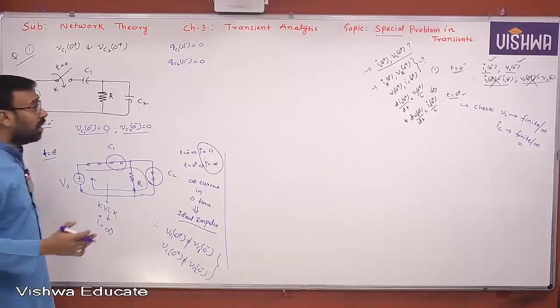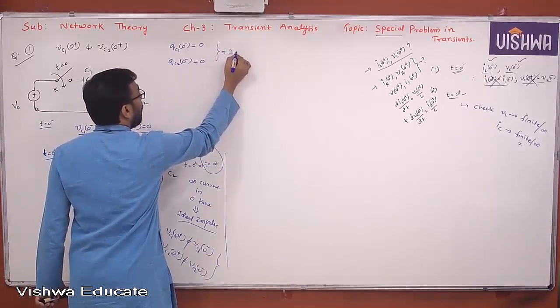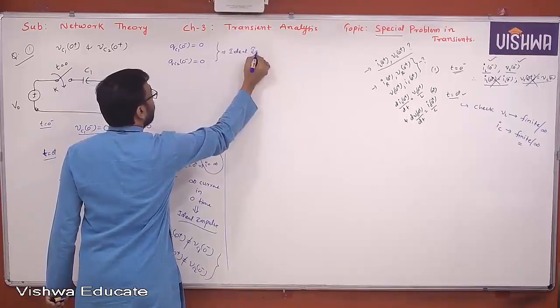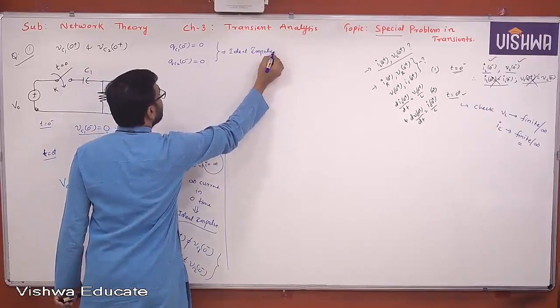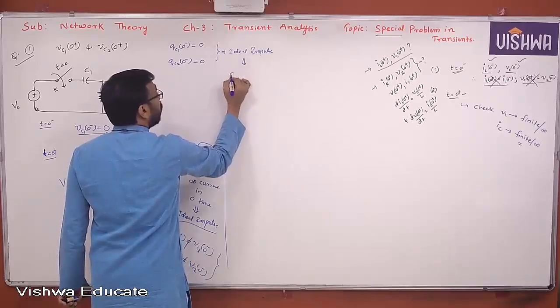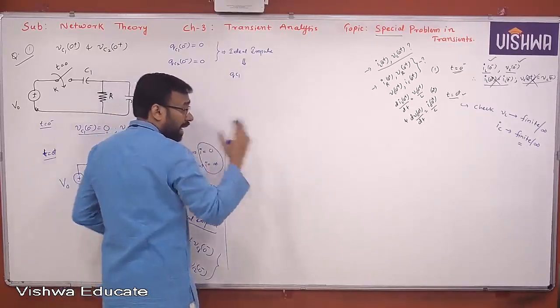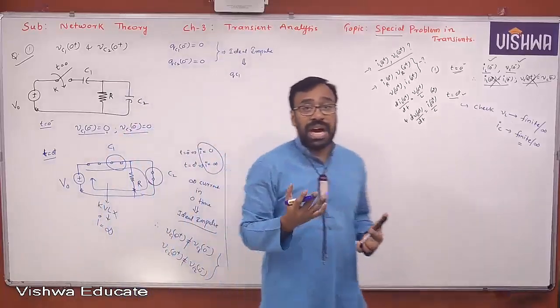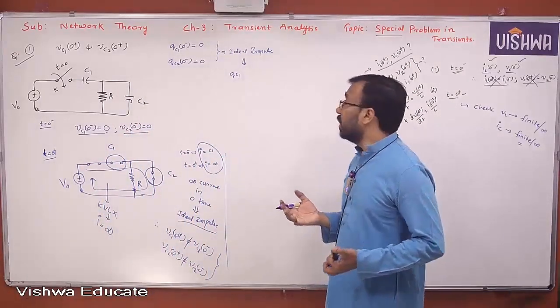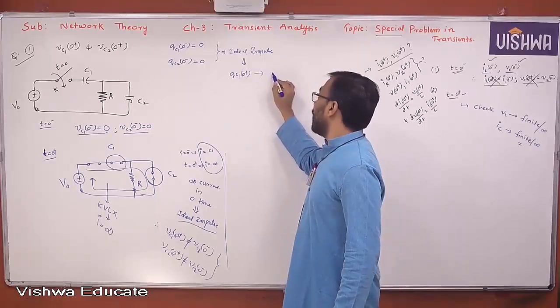Now, because of this ideal impulse current passing through, the QC1 of 0 minus, whatever charge was on the capacitor, will move to some value.